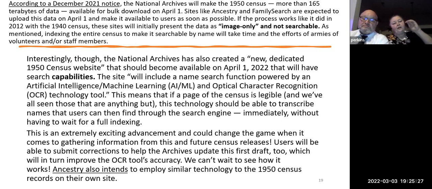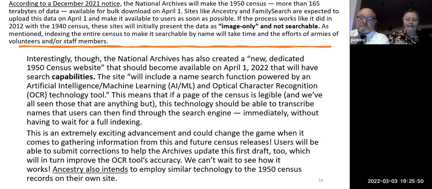So NARA is going to have a first pass supposedly ready the 1st of April, when the big 100 and some billion quadrillion, it's on the next slide. Oh, there it is, 165 terabytes of data. NARA is going to have that first pass name search done separately that could be corrected.